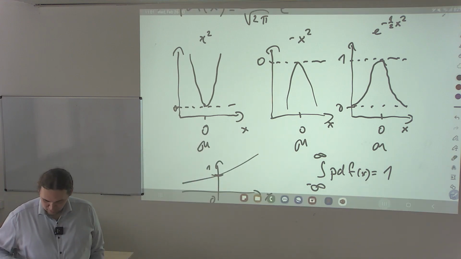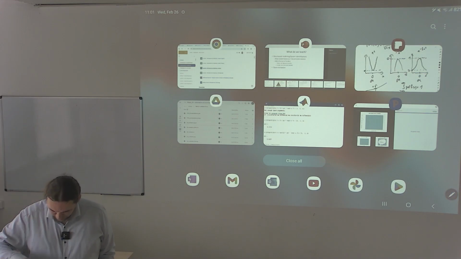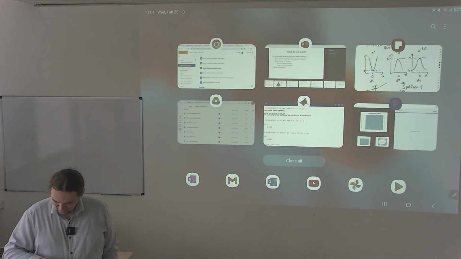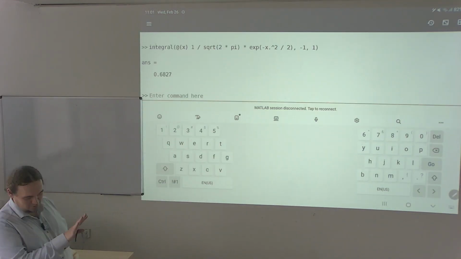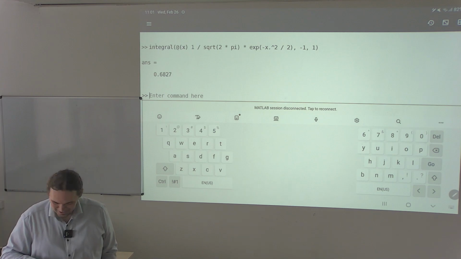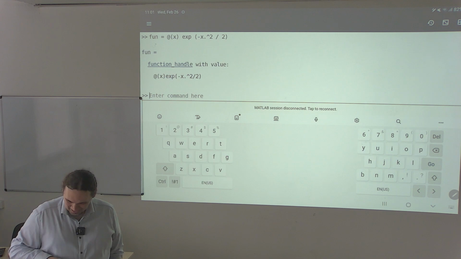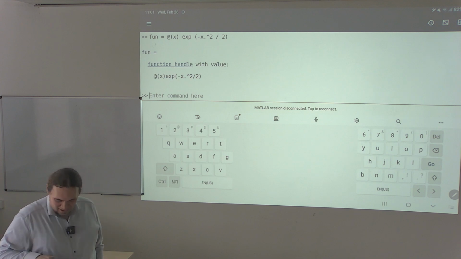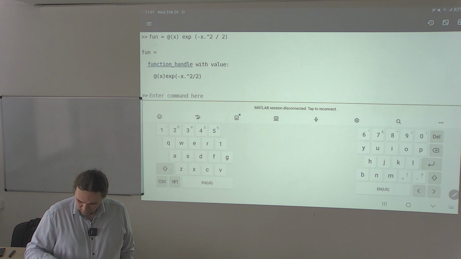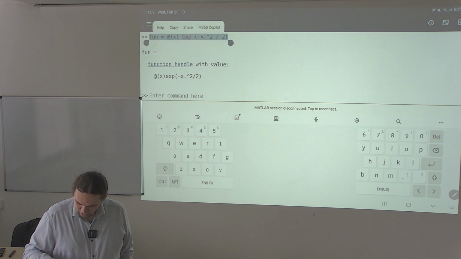Let's test our good old friend MATLAB, and this is now particularly challenging to do in MATLAB on a tablet, but well, let's try. I did some preparation, otherwise it would take so long. Let's maybe start almost from scratch.